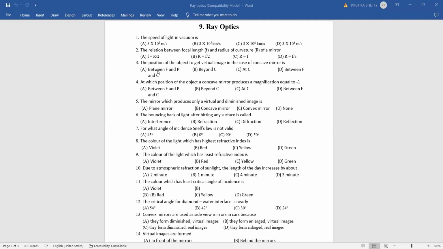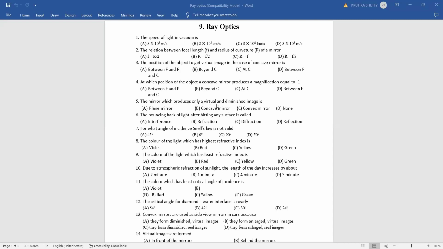See the next question. For the concave mirror that produces magnification equal to -1, option B. Yes, option B. Go for the next question.